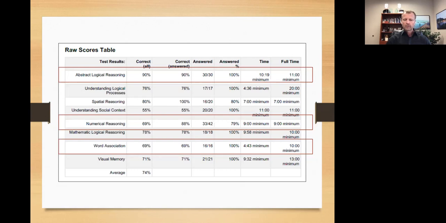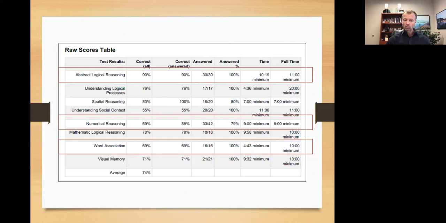Out of those, they answered correctly 88% of the 33 that they actually answered. But in the context of all 42, because they did not answer 9 questions at all, which basically counts as wrong, overall they got a score of 69%. So this table helps you break down what resulted in that overall score of 69%.